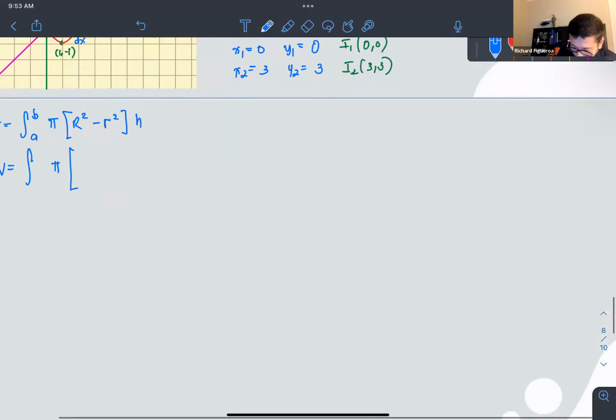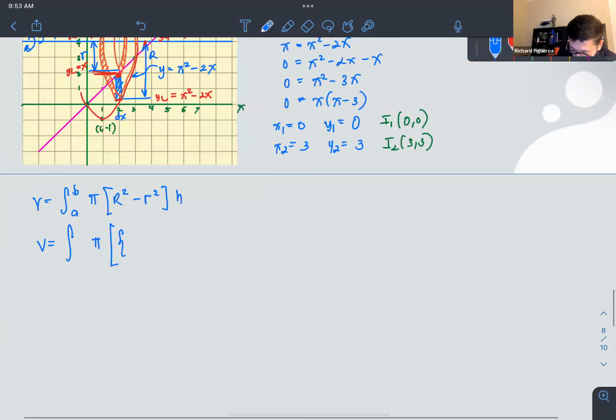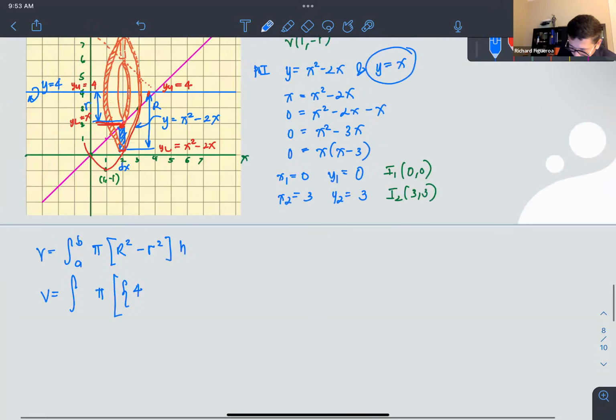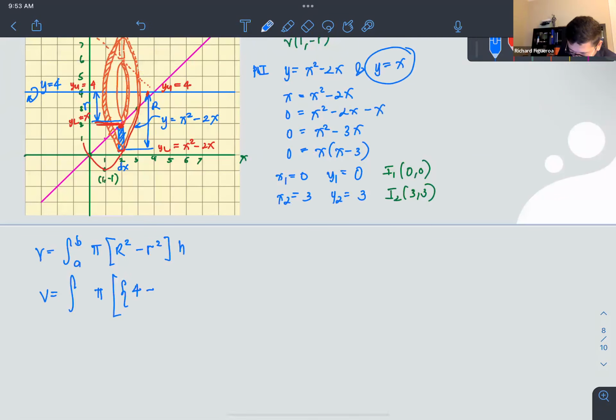Our y upper is 4. So minus y lower, it is x squared minus 2x. And then, yung sagot dito, square natin. So, or sorry, y upper minus y lower. Then square it, of course.